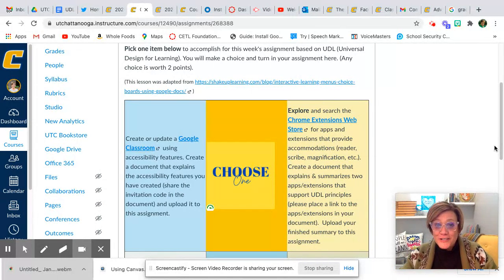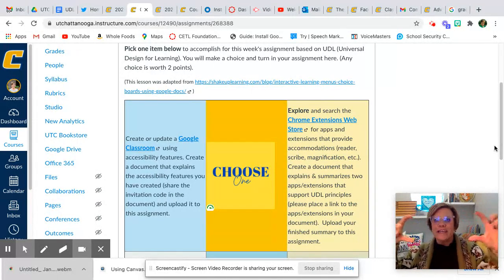But I have also created choice boards where this top level might be to engage the students. So they have a choice in 3 different articles to read. And then the second line is 3 different ways for them to respond to what they read.